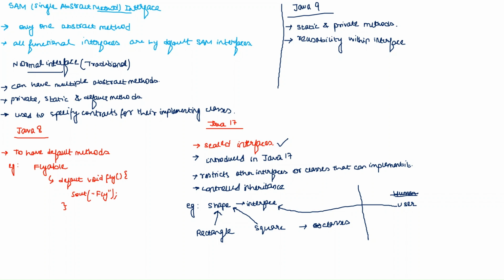And with the help of static methods, you don't have to take the pain of writing an implementation for that particular interface and then invoking that particular method. So these methods basically provide reduction of code duplication and also reusability at an interface level.